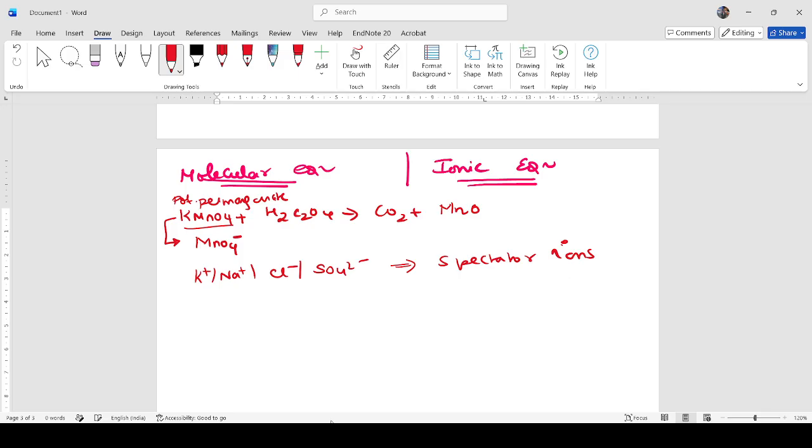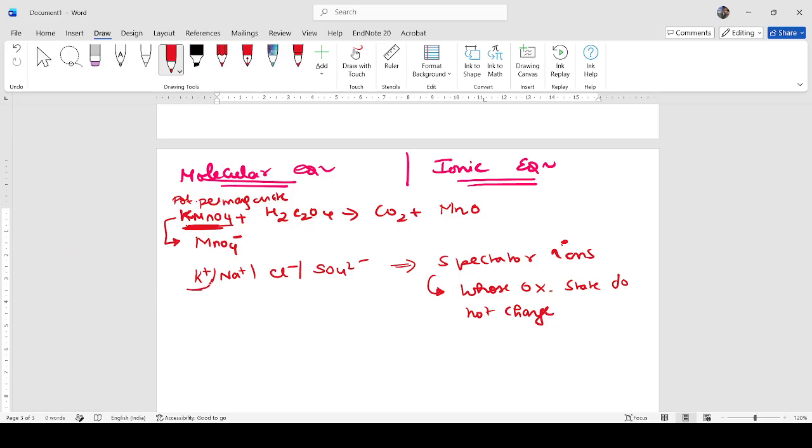Just like a spectator, you go and watch a cricket match in a stadium, you don't go and play there. You are a spectator just to cheer them up. Similarly, in order to support the charge of the permanganate ion, potassium was there. In other words, spectator ions are those whose oxidation state does not change. If their oxidation state does not change, I call them spectator ions.